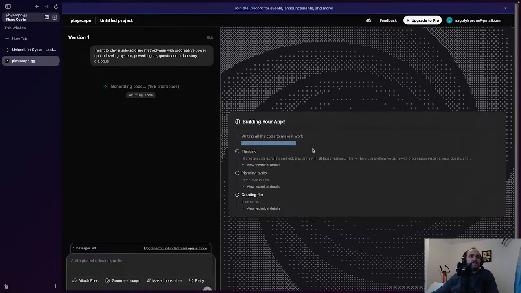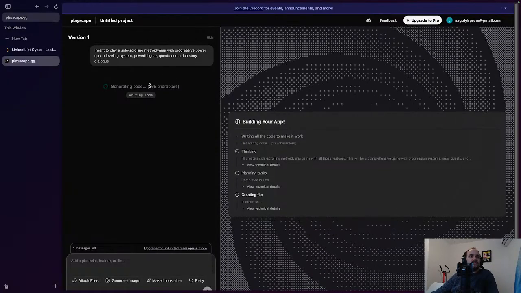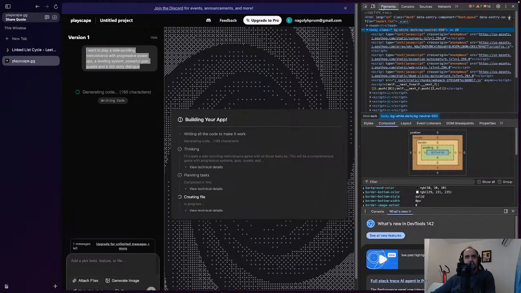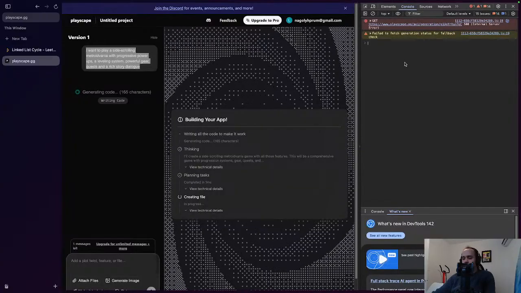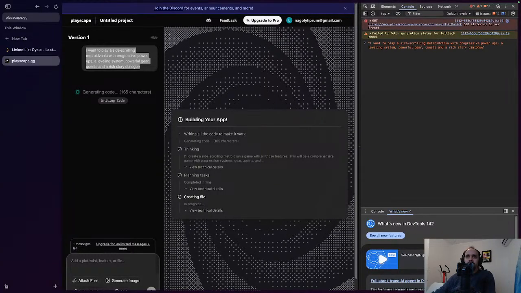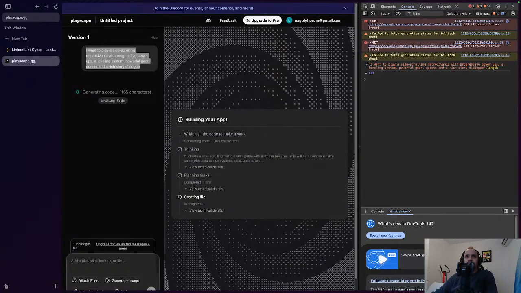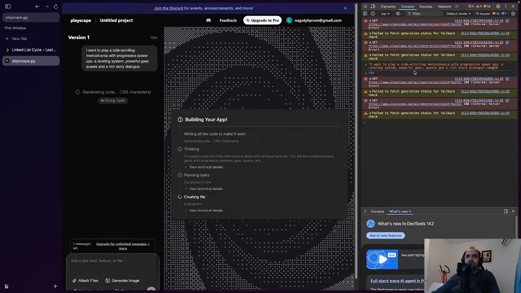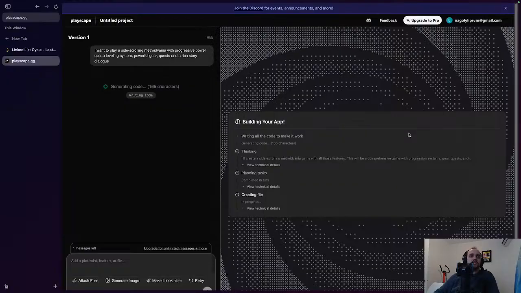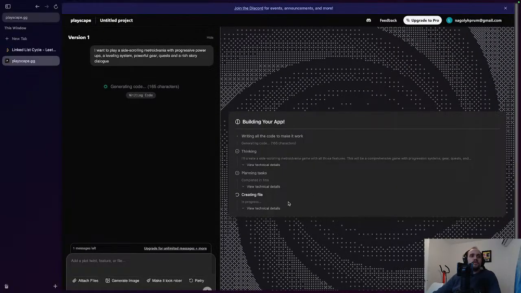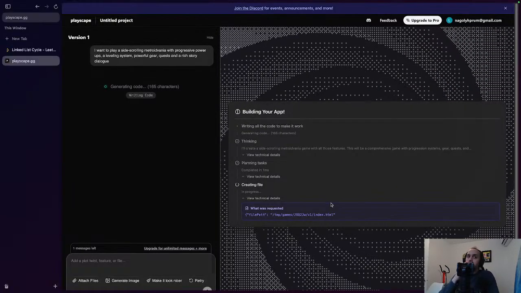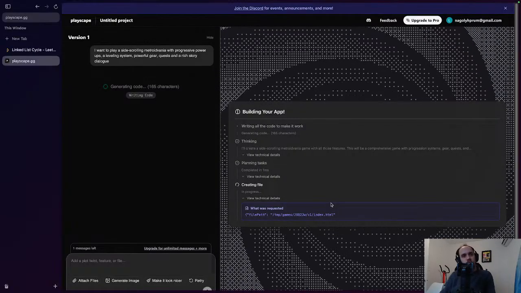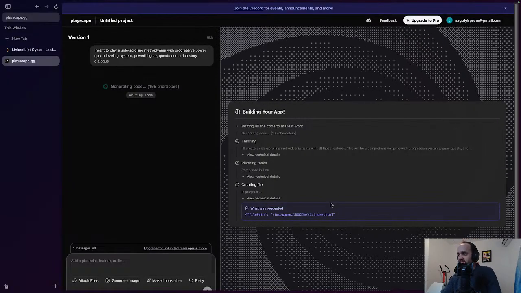Is it saying that I gave it 165 characters or that it's generating 165 characters? I don't think 165 characters is quite going to do what I want. But we can view the technical details. So it's generating one HTML file, I guess.